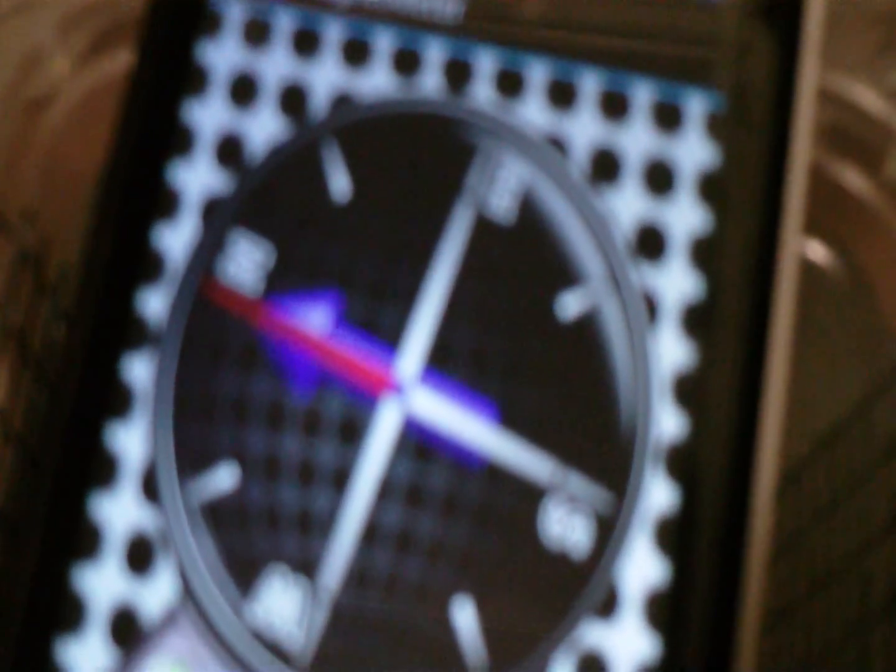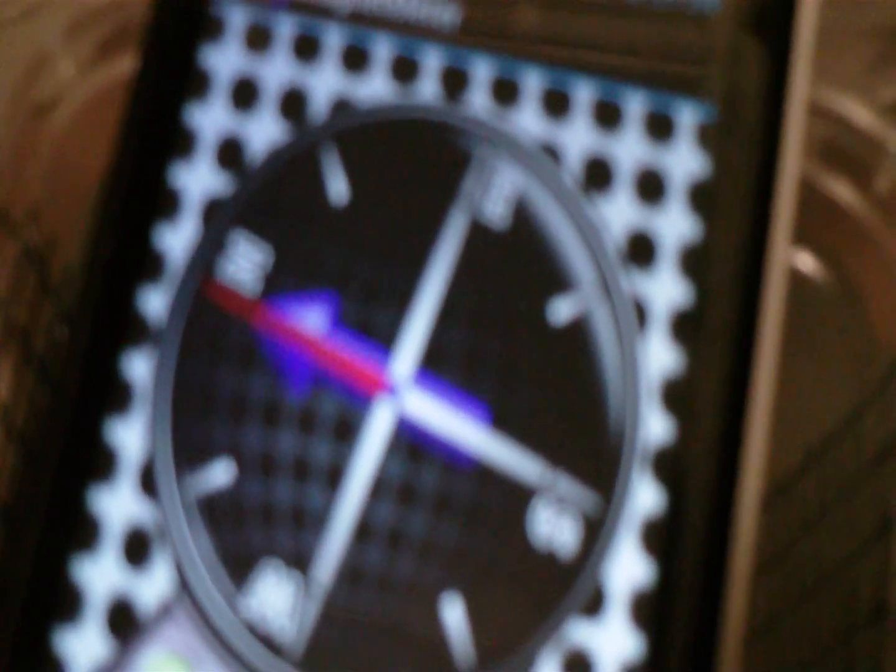Let me see if it's going to do anything with this cell. One of the cells almost flipped upside down with shorting the cells itself, which was very strange. Let me see.